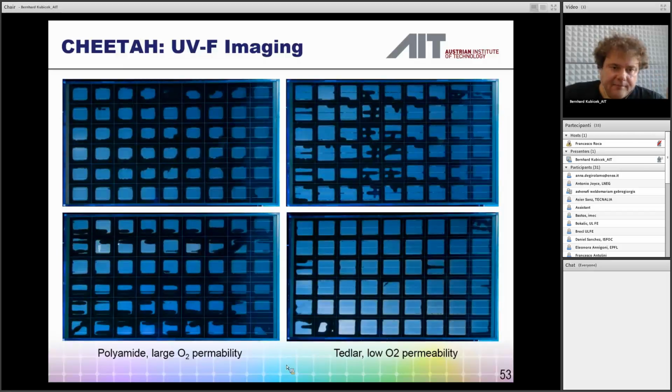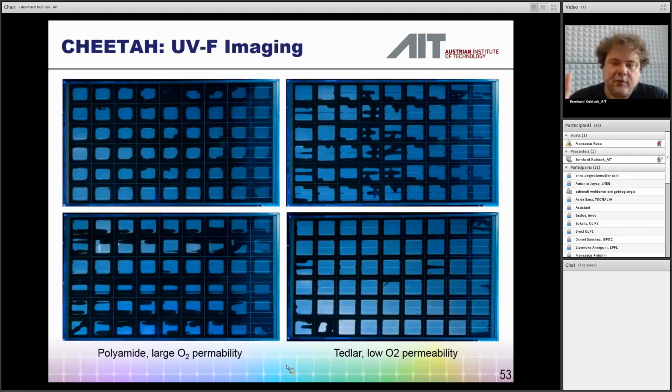What you can also see is a difference according to the backsheet. This was found out by Gabriele. From chemical analysis, she knew that polyamide has much higher oxygen permeability than Tedlar. So oxygen can diffuse faster if you have this polyamide backsheet, and slower with Tedlar. However, both have nearly the same transmission rate for water vapor.